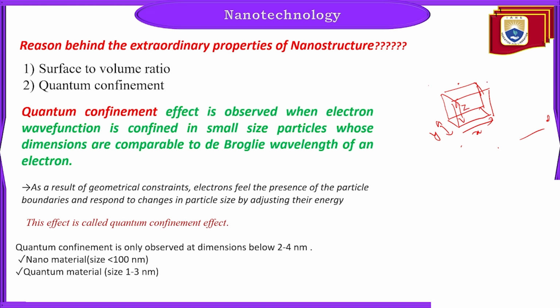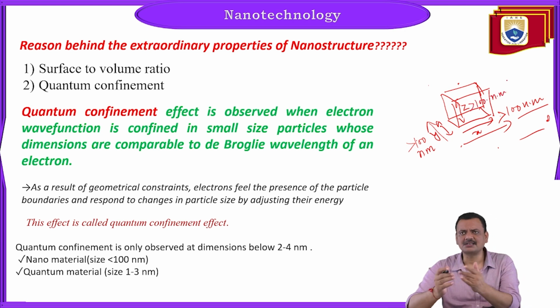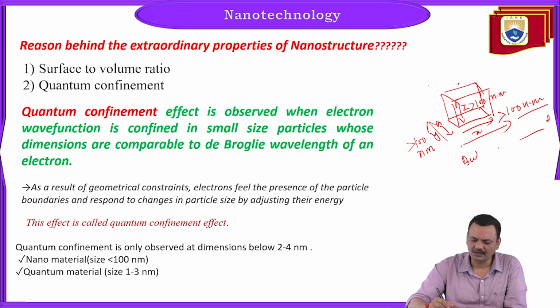Let's suppose this structure grows in the x direction beyond 100 nanometers, in the y direction also greater than 100 nanometers, and in the z direction also greater than 100 nanometers. So what is this structure? This structure is bulk.